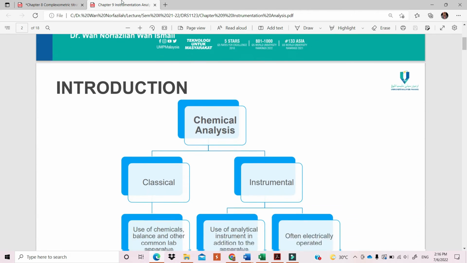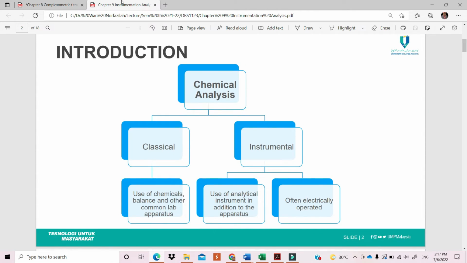Okay, so the introduction, as I said last time, analytical chemistry. We focus on the chemical analysis. We analyze what is the concentration of the chemicals in the sample.